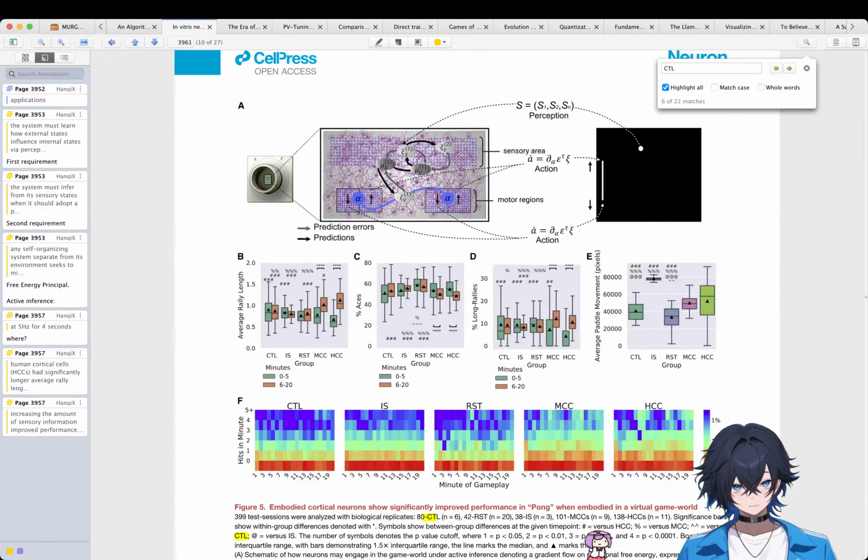Oh, what's this? Long rallies. Percentage of long rallies. What is a long rally defined as? Over here it's saying the maximum rally was 1.5, which is kind of embarrassingly sad. Average paddle movement pixels.